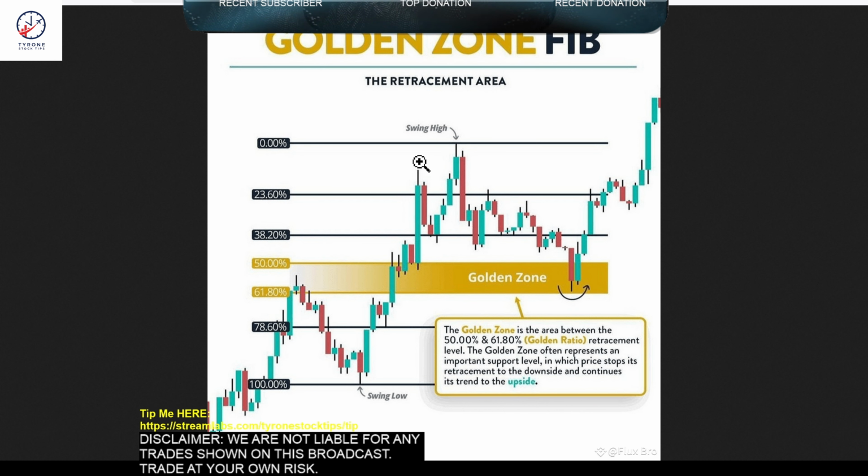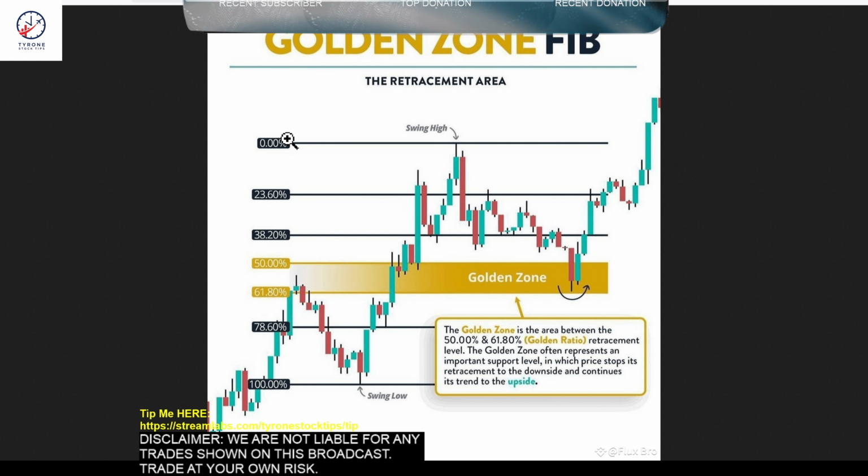If the stock is going downward and it's retracing back upwards, we use it to determine whether or not the stock is going to continue in that direction. So with the tool, you want to use the candle high, which is the swing high, where it first starts to fall, and you want to have the swing low.